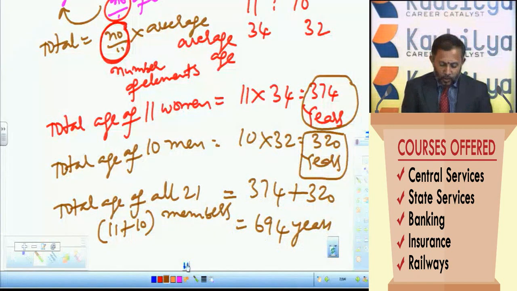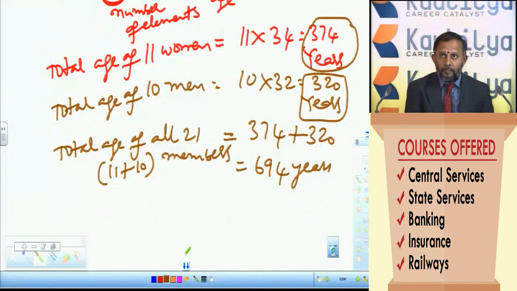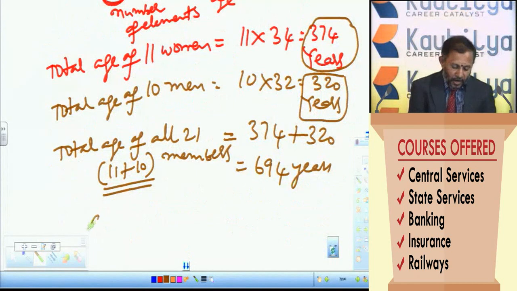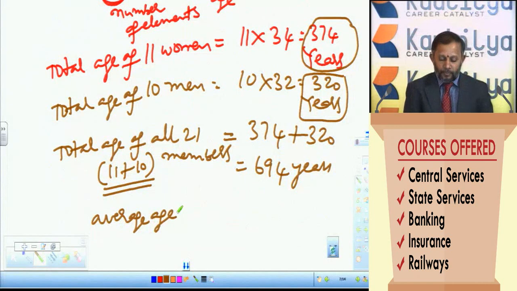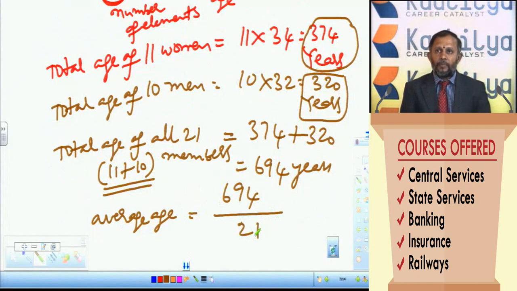So here the total number of candidates is 21, and the total age is 694, and here we have to calculate the average age, which is equal to total of all the candidates by number of candidates, right? Total of all the candidates by number of candidates gives the average value.